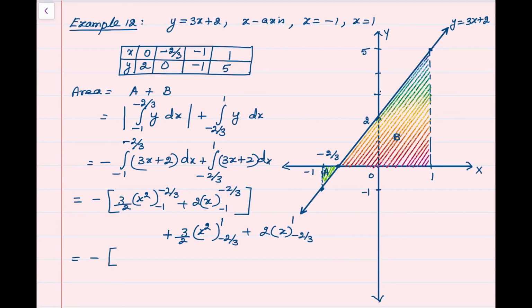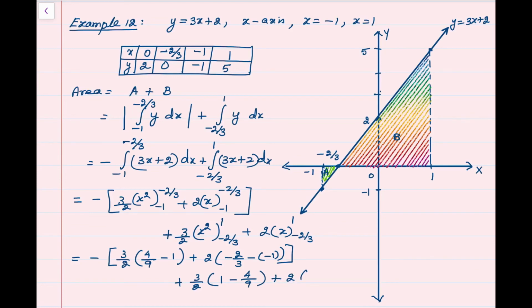Minus of 3 by 2 times 4 divided by 9 minus 1 plus 2 times minus 2 divided by 3, minus of minus 1 plus 3 divided by 2 times 1 minus 4 divided by 9 plus 2 times 1 minus minus 2 by 3.